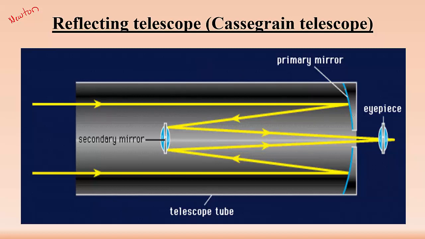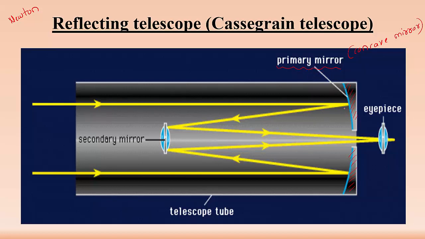Here I am going to consider this as the primary mirror. The primary mirror is a concave mirror, also called a converging mirror. Why do we have to use a concave mirror? Only because after reflection, converging of light takes place.